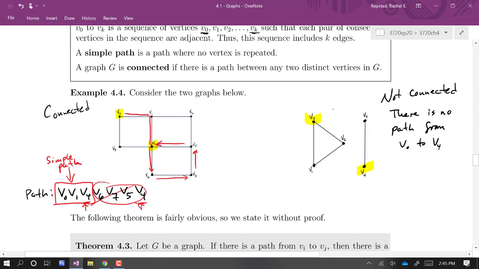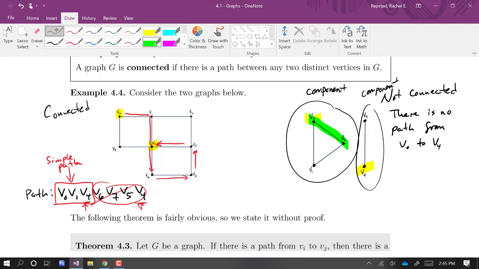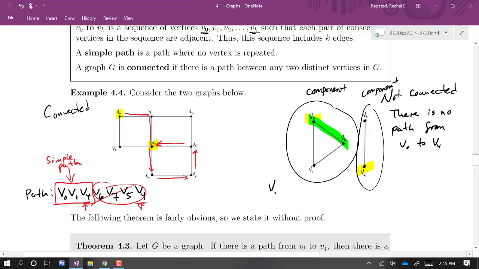This is a component, and this is a component. But I could take a look at this subgraph here, the subgraph that's v0 and then v2. That's connected. It is non-empty and it's connected, but it is not a component because that subgraph that I've highlighted in green here is already a subgraph of a bigger connected subgraph.